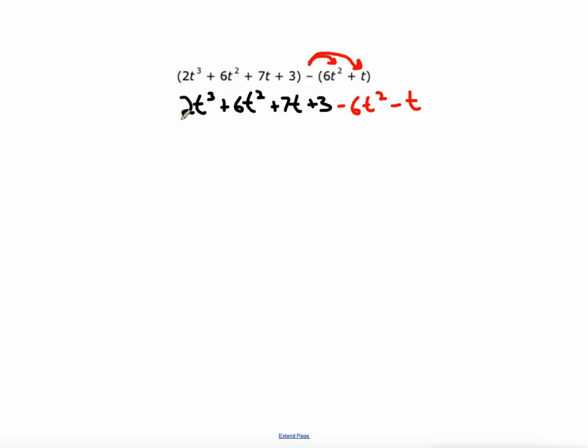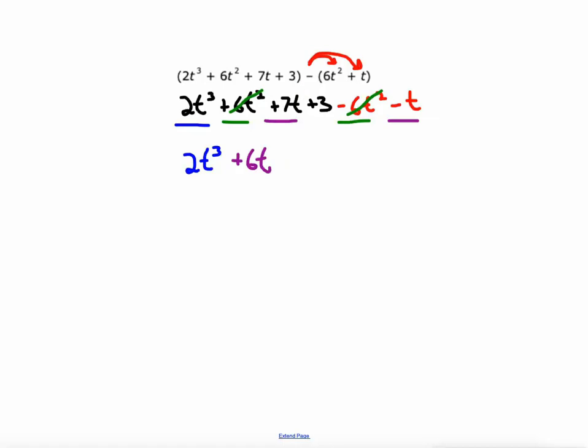So now I can go ahead and combine like terms. I've got 2t cubed. I've got 6t squared minus 6t squared. That's 0, so I'm not going to bother writing the 0 this time. 7t minus t is positive 6t.